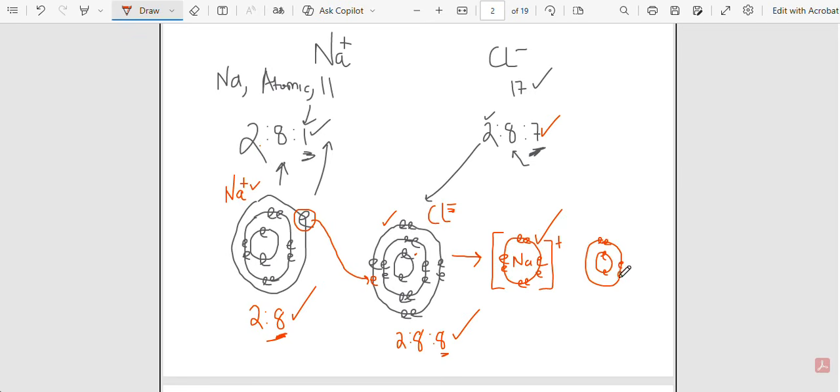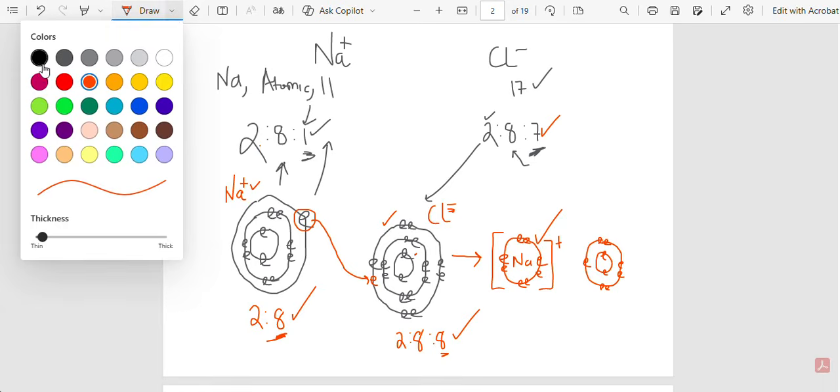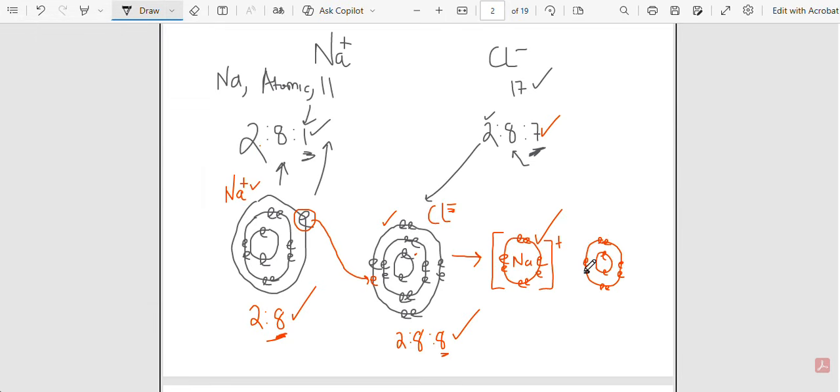Then this is 1, 2. Okay, let me draw it for you here. Then this is the outermost. I have skipped the other ones so that our time is saved. So also here I have 1, 2, 3, 4, 5, 6, 7.